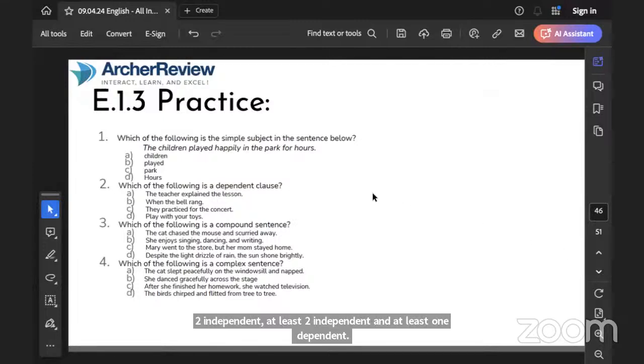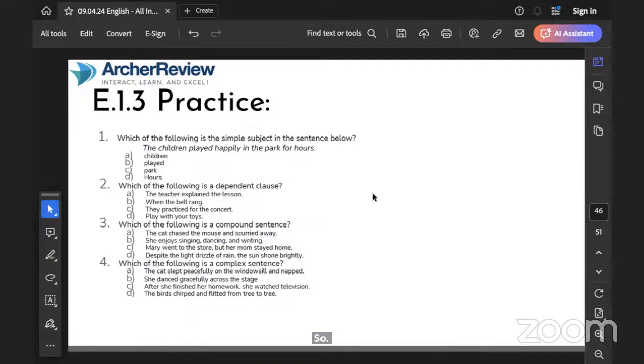So we went through that really quickly, but what I want you to do is I want you to see what you've retained. And like I said, a lot of this carries over from the last section. It's just altering what type of questions they're asking you. So remember, subject is who or what the sentence is about. Verbs can either be action or linking. And then we want to look at what type of clauses are being presented.